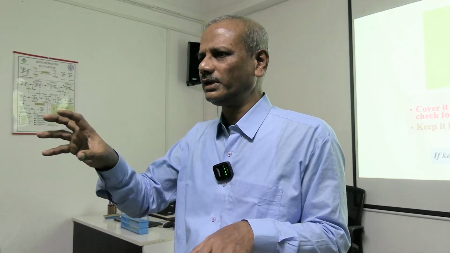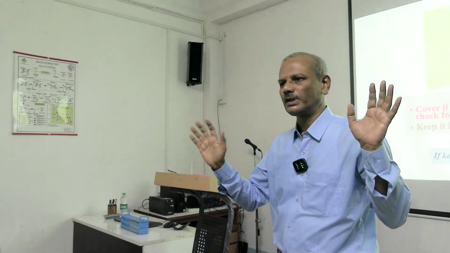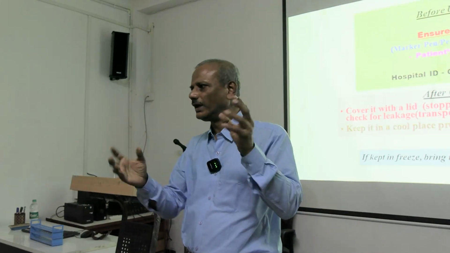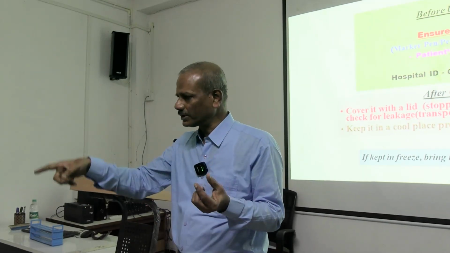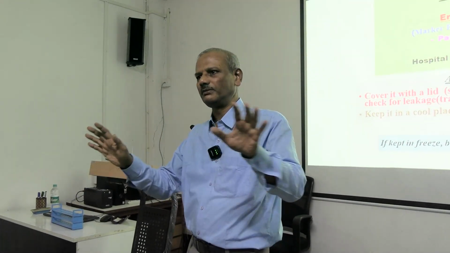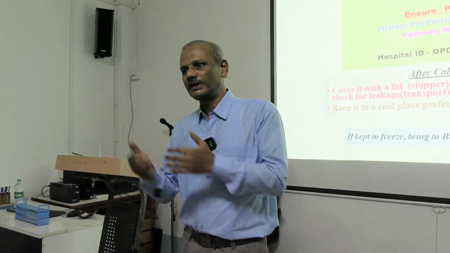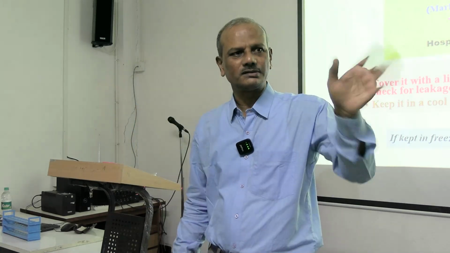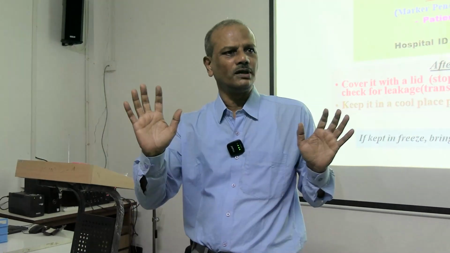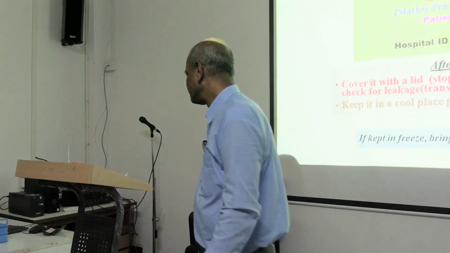The contents of urine vary from time to time in each urination. Suppose you pass urine 5 to 7 times in a day, and you analyze those different urine samples, you will not get the same composition, because you have taken food, you have not taken food, you have drunk water, so urine concentration will vary. That's why the 24 hours urine is there.